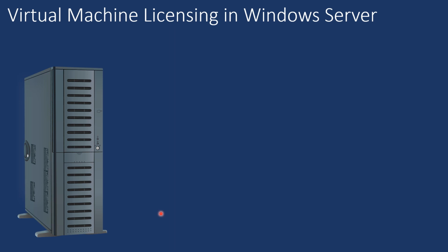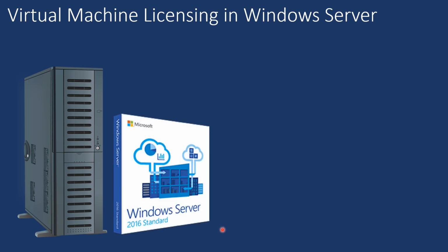But of course, with Windows, when you buy, for example, let us assume you have a physical computer and you buy a license for Windows Server 2016 Standard. In this case, this is the standard edition 2016. So you are eligible to install this operating system in the physical computer. And because it is Windows Server 2016, you can enable the Hyper-V. In this case, it's server Hyper-V, and you can create virtual machines.